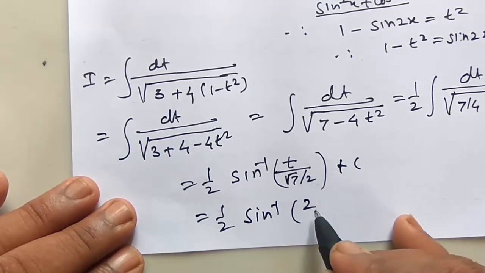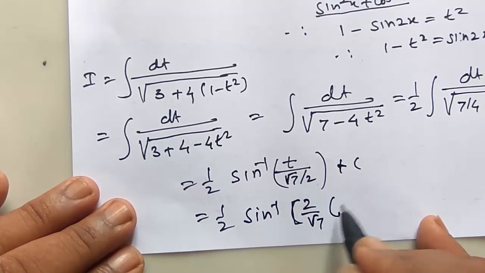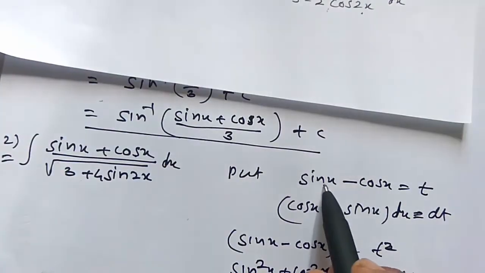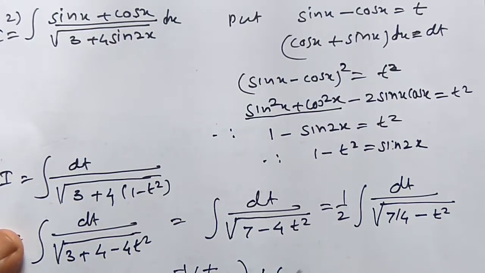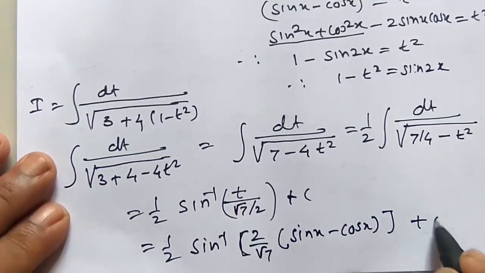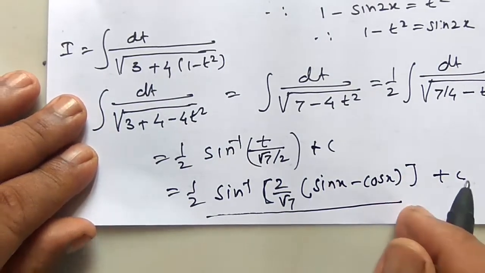So it becomes 2 upon under root 7 bracket t, we have taken t is equal to sin x minus cos x. So it is sin x minus cos x bracket complete plus c. So this is the required answer.